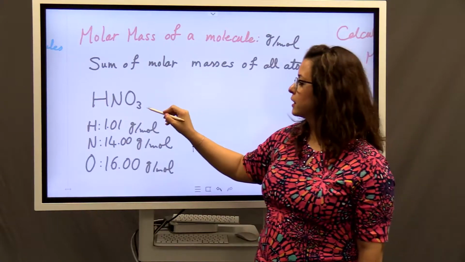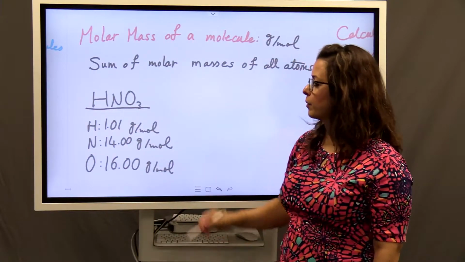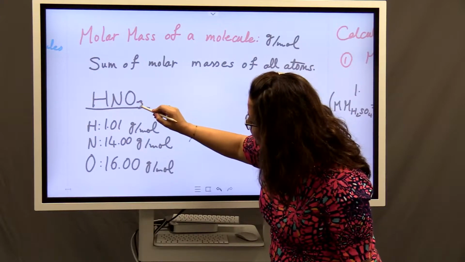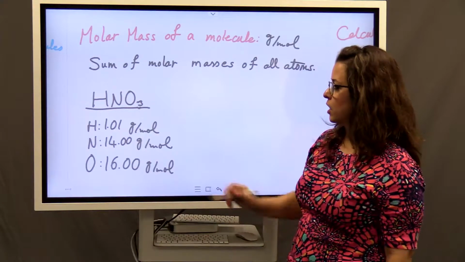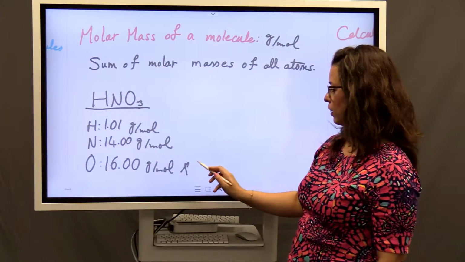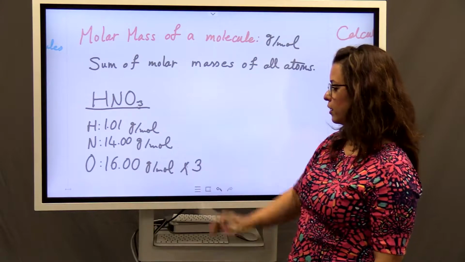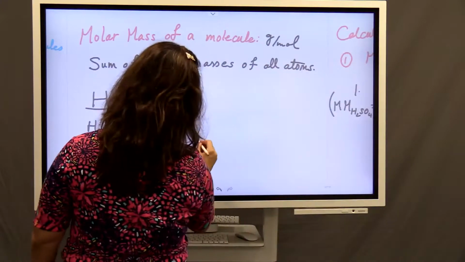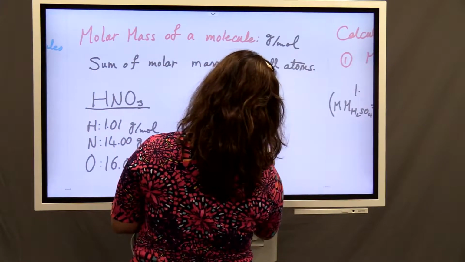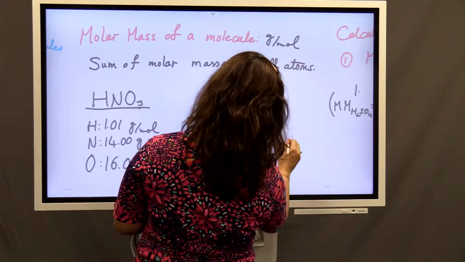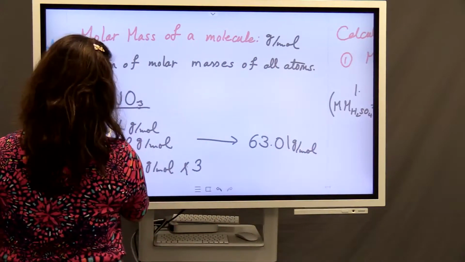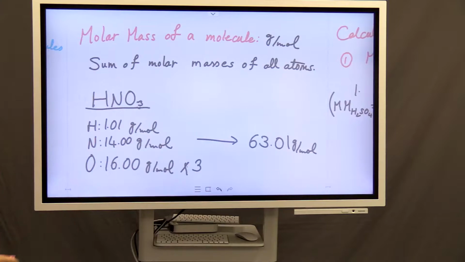So, let's say for this example, HNO3. Let me rewrite the 3 again so you don't think it's any other number. So, 1 hydrogen, 1 nitrogen, and 3 oxygens, right? So the total is going to be 63.01 grams per mole if you add these numbers.